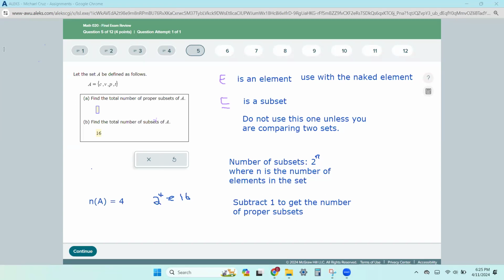Okay, so then what's going to happen up here? 15. We take out the one that's the equal. That's all it amounts to, because a proper subset can't be a set of itself. So that's why the empty set can have no proper subsets.